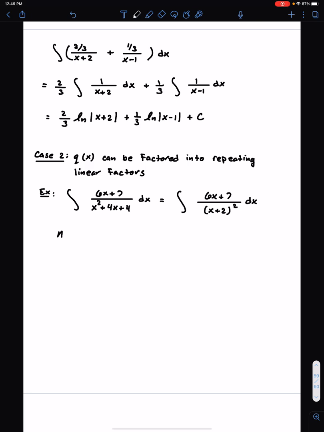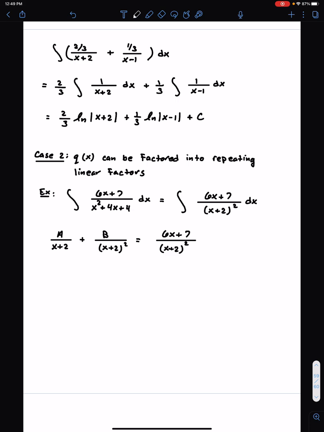So the partial fraction decomposition is a over x plus 2 plus b over x plus 2 squared equals 6x plus 7 divided by x plus 2 quantity squared.